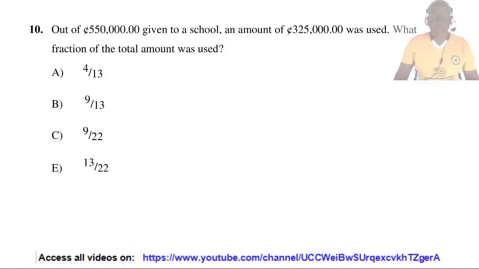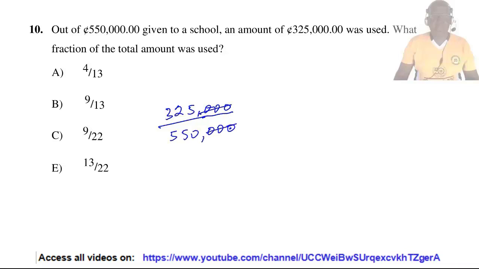Question 10. Out of 550,000 cedis given to a school, an amount of 325,000 was used. What fraction of the total amount was used? It's going to be equal to 325,000 divided by 550,000.